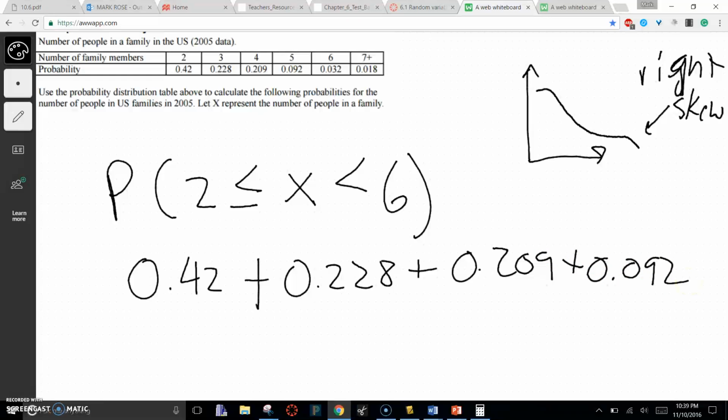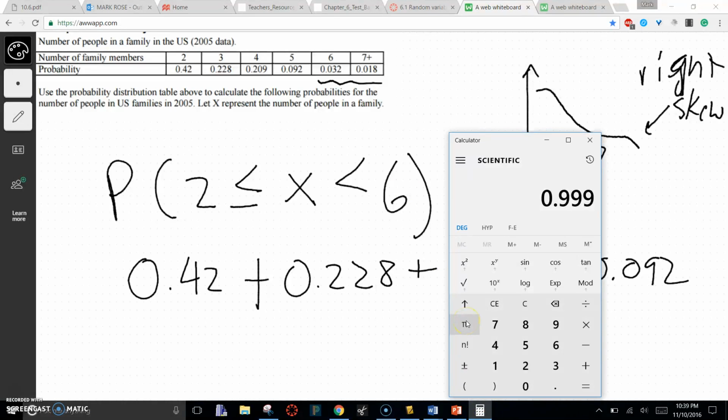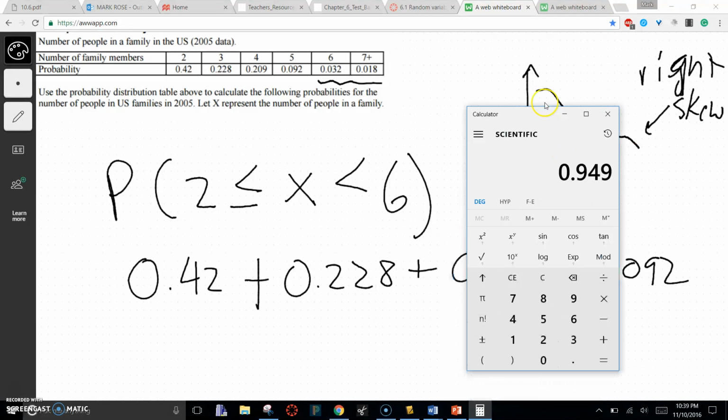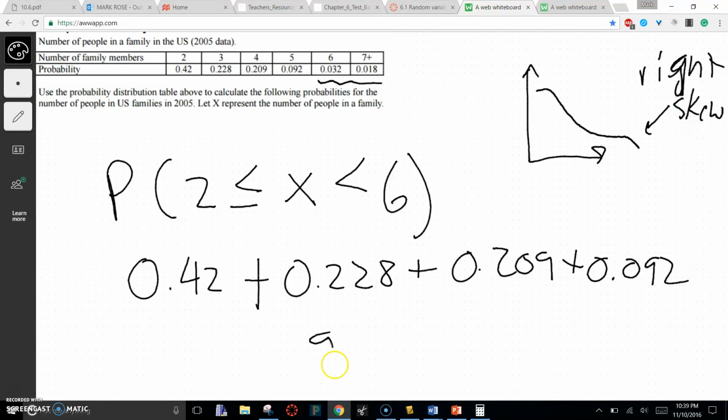It would not include these two because those would be 6, and it has to be strictly less than 6, and 7 would be greater. So we would add those things up together, and we would find that the probability that there would be between 2 and 6 people in a household is about 95%.